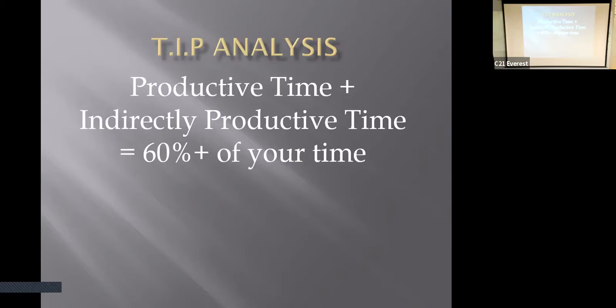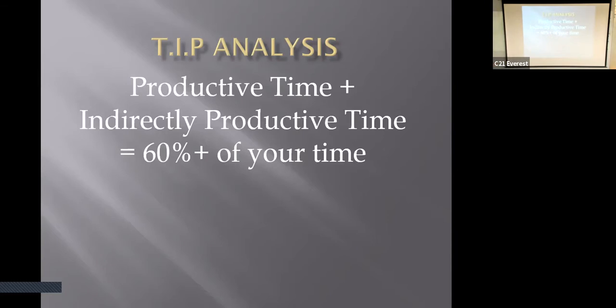I'm still allowing you to have 40% of your day spent non-productively, and that would include the non-important stuff too, but mostly non-productive, meaning some of it is still important. If 60% of your time is spent between these two areas, you're going to make a lot of money in this business. We're going to do more of this in a second. I'm going to put the screen up and write on the board.